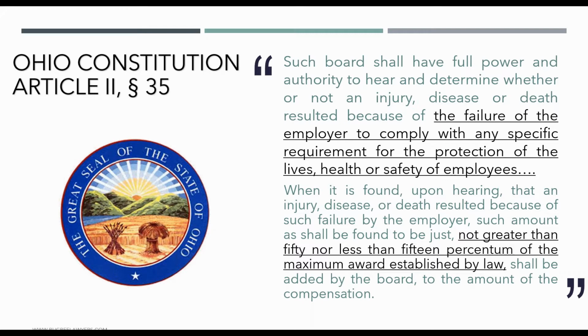The Constitution merely says that if there's any injury or disease that is caused by the failure of the employer to comply with any specific requirement for the safety of employees, then the Commission has the authority to assess a dollar figure against that employer, the amount of which is between 15 and 50% of the maximum rate of compensation established by law. That is the constitutional provision, and that is what we've been operating under for the past 110 years or so.